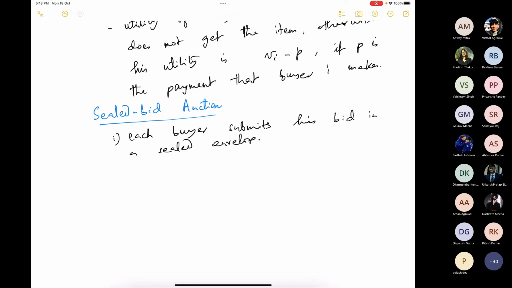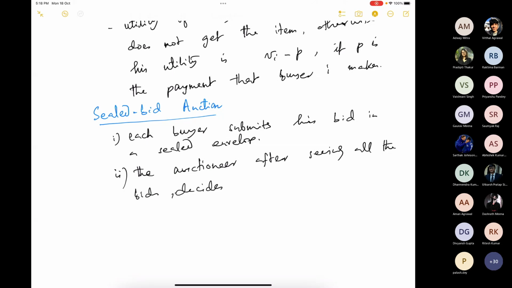Then the auctioneer opens all the envelopes and, after seeing all the bids, decides the winner.